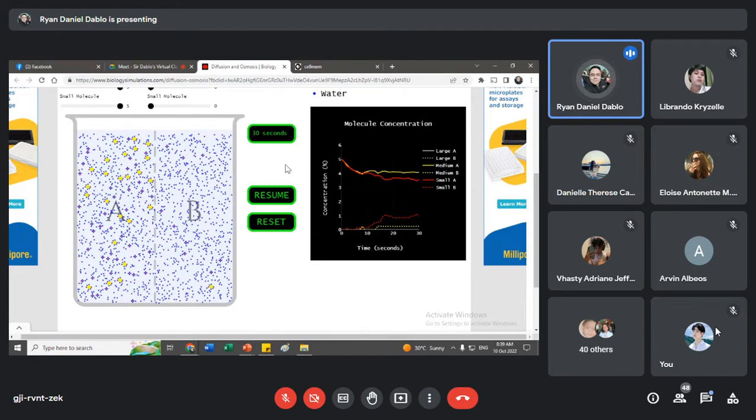some substances to cross. So if you notice, at 30 seconds, a lot of the small molecules have already crossed to the other side. They have diffused, in other words, right? If we continue to run this for a big length of time, we can appreciate that the graph will attempt to reach a middle point. That will mean equilibrium. Now, if you notice, the yellow molecules haven't moved that much, but some have made it into the other side because, of course, they're a bit larger.